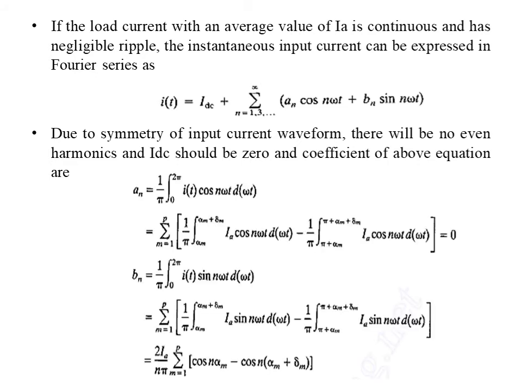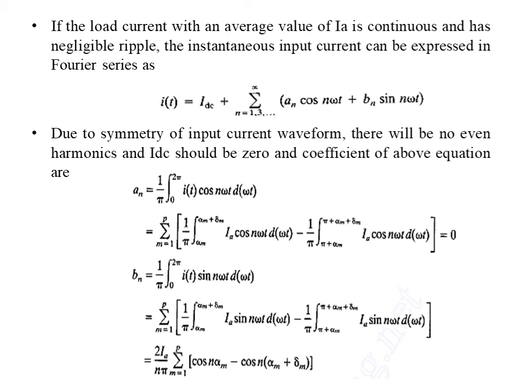If I_DC is equal to 0, then the coefficient an of the above equation is given by an = 1/pi integration 0 to 2 pi i(t) cos n omega t d omega t. So substituting the limits, an = summation m = 1 to p of 1/pi integration alpha m to alpha m plus delta m Ia cos n omega t d omega t minus 1/pi integration pi plus alpha m to pi plus alpha m plus delta m.